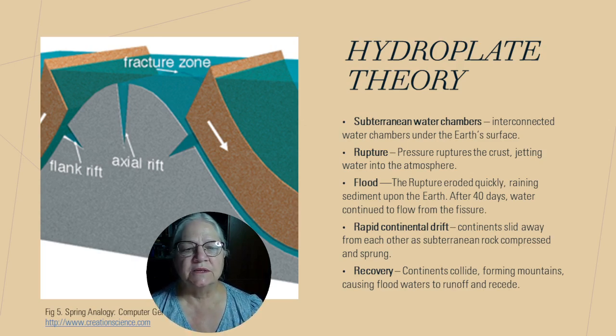The rupture eroded quickly, raining sediment on the earth. Where the rupture was and all that massive water was coming out, it was eroding the sides of that rupture and spewing sand and gravel and many other things way up into the atmosphere and raining them down on the earth, in addition to the rain.